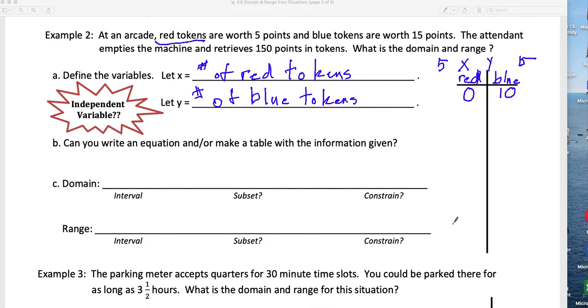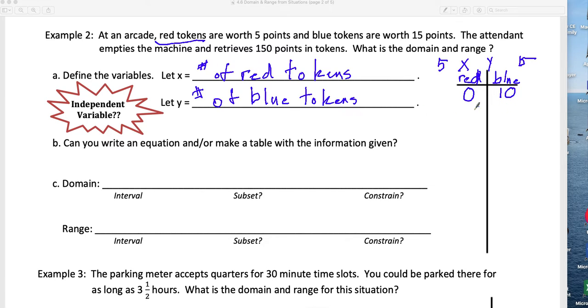And that is exactly the problem. I can't have 1 red token because 145 and 15 don't divide evenly.